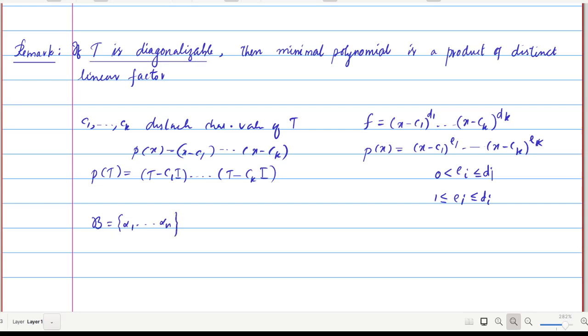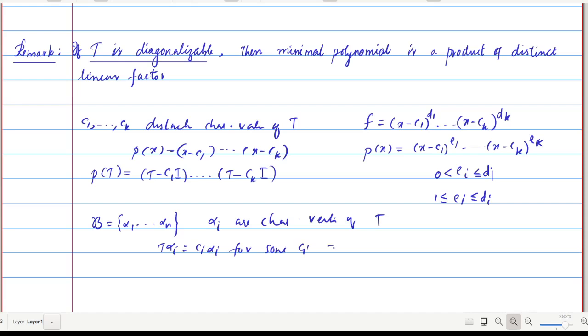Each of these alpha i's is a characteristic vector of T. Now if we choose any alpha i belonging to this collection, then there exists ci such that (T minus ci I) of alpha i equals 0, because alpha i is a characteristic vector, meaning T alpha i equals ci alpha i for some ci.